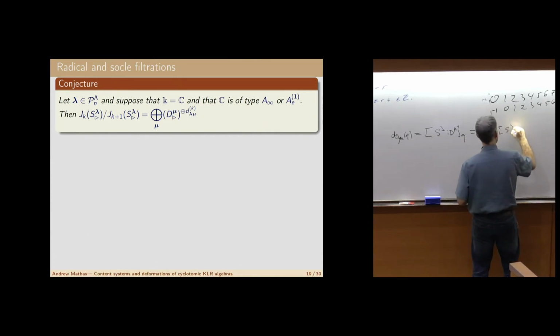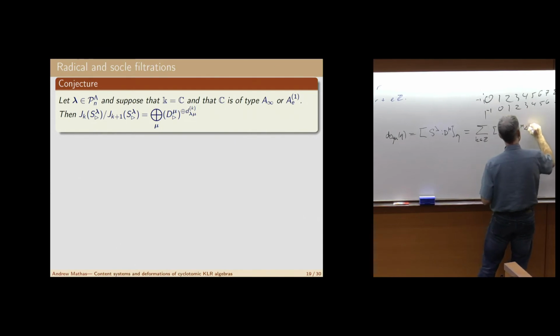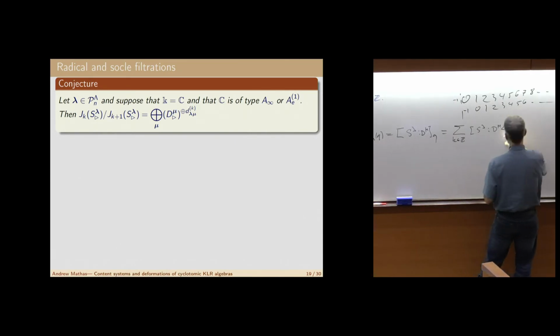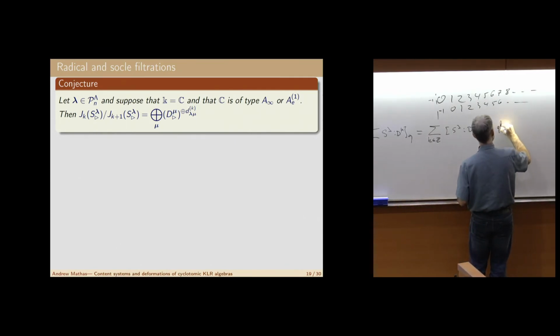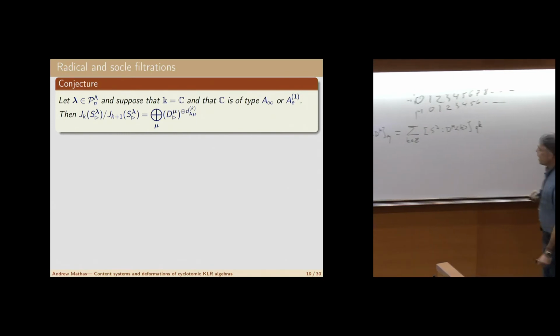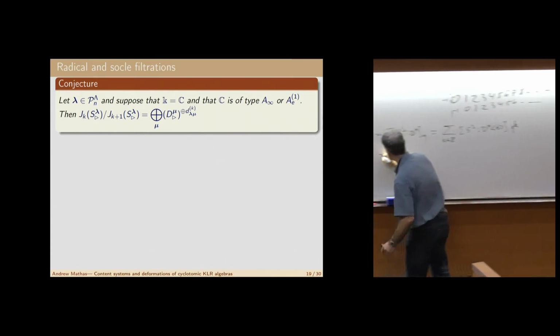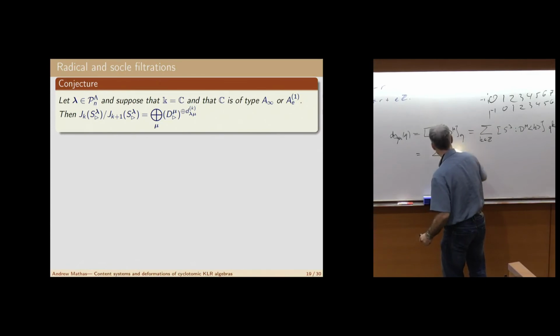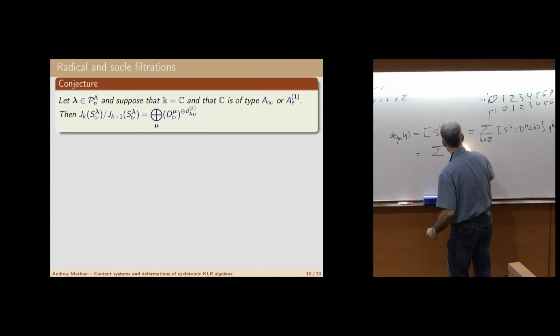So we just look at the multiplicity of shifts of my simples inside my Spechts, and I take that to be the coefficient of q to the k. And what I've done in this slide here is I've written this as a sum of terms d lambda mu k times q to the k.